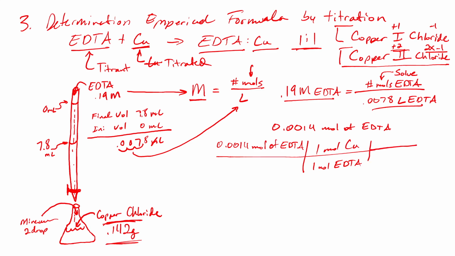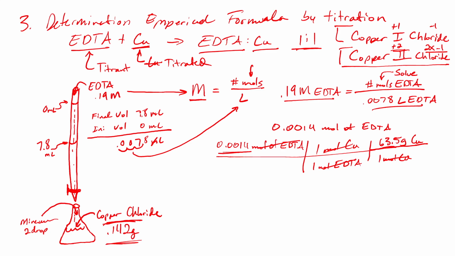And then you need to figure out how many grams there are of copper. That's how much copper was in there, right? And that's easy because you can say for every 1 mole of copper, you can look on the periodic table, and the periodic table will say that there's 63.5 grams of copper for every mole of copper, right? So go through and cancel all that stuff out there, moles of EDTA with moles of EDTA, mole of copper, and now all you're left with is multiplying 0.0014 times the molecular weight of copper, right?